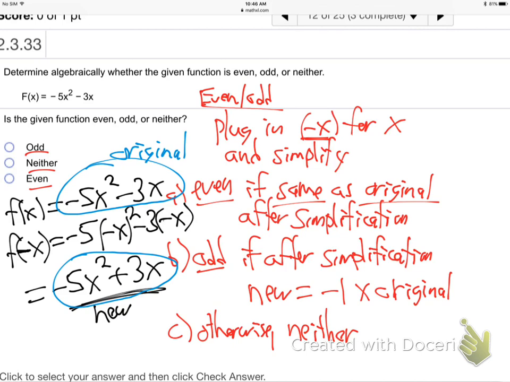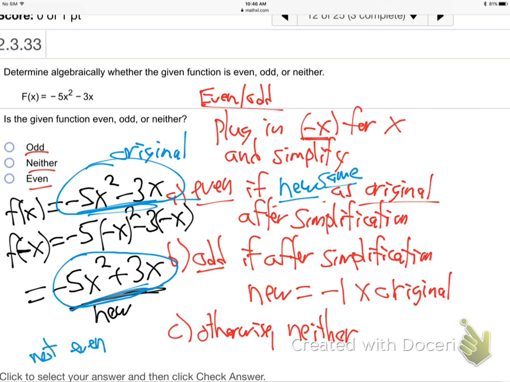We good? So now the first question, after simplification, is if the new is the same as the original. Is this exactly the same as this? No, the plus 3x, minus 3x is different. The minus 5x squared is the same, but the back part's different, so it's not even. Is it odd?